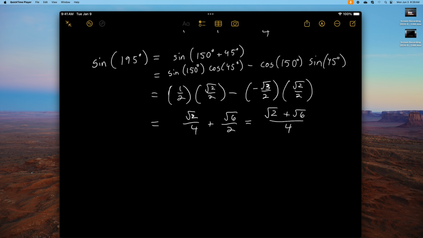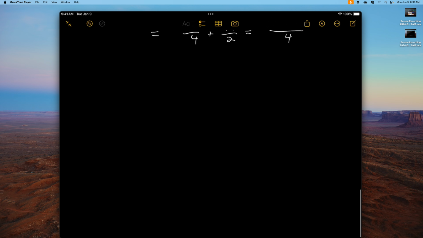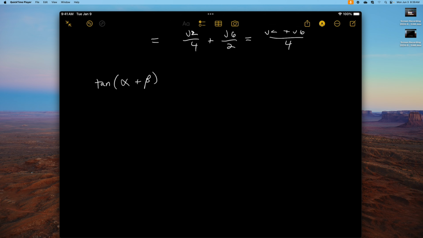Okay? So there's our sum and difference formulas for sine. And we also have a sum and difference formula for tangent. Again, the derivation of this formula is in the book. You can go look at it if you want to. But tan of alpha plus beta is going to be tan of alpha plus tan of beta over 1 minus tan alpha tan beta.